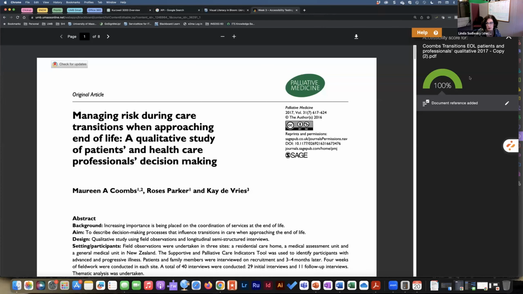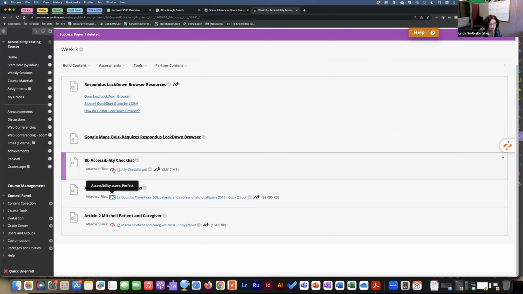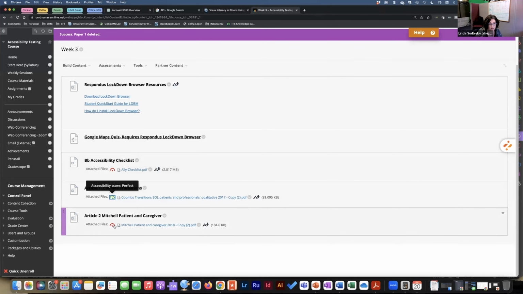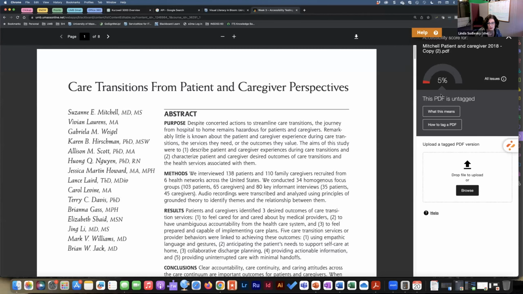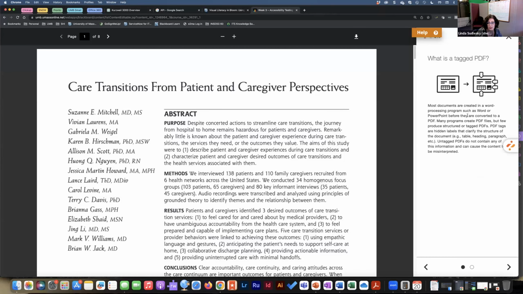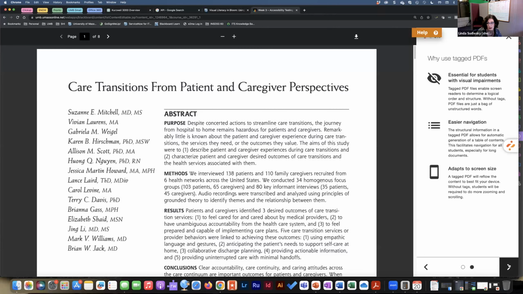Any questions about that? Here's one that's not accessible. And when I click on the scale, it's telling me this is only 5% accessible. And it will tell me what this means, what is a tagged PDF and what that means, and why we use it.